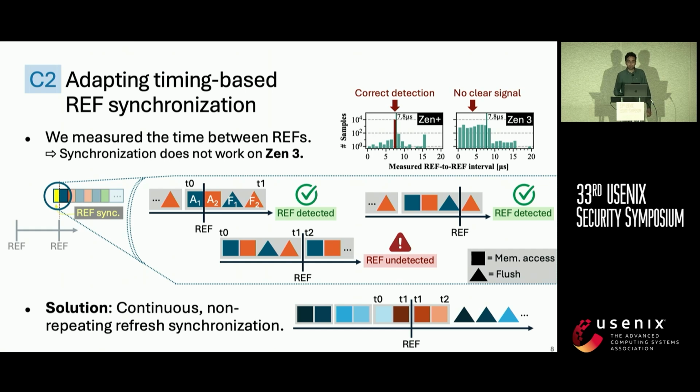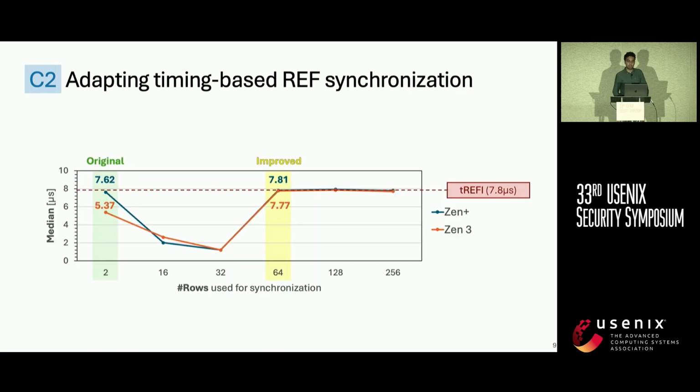So basically, we always reuse the last timing measurement as the start measurement of the next round. And this new routine strongly improves the refresh synchronization. So here we can see the result for Zen Plus and Zen 3. Originally, we only used 2 rows to do the refresh synchronization, and you can see that on Zen 3 it's very imprecise. But now we use, for example, 64 rows, and this strongly improves the results.